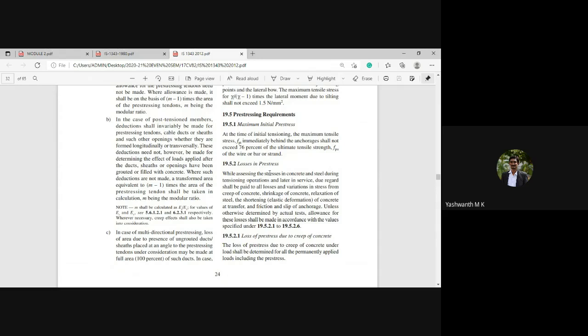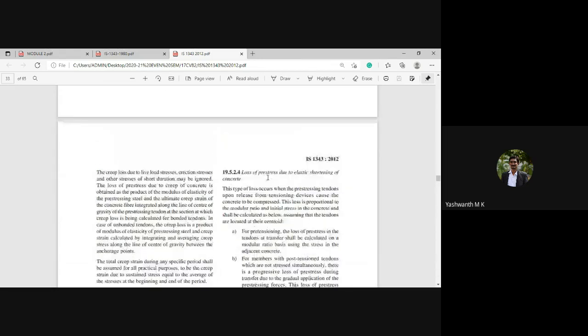So let us know as per IS 1343 2012 what exactly this code specifies. First, let me start with, as usual, number 1, that is loss of pre-stress due to elastic shortening or deformation of concrete.